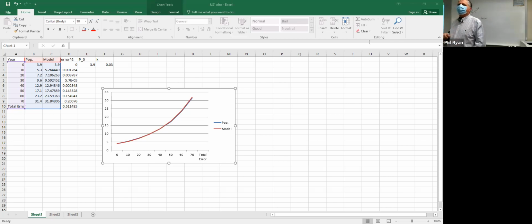Instead, we're just going to do a little bit of what I call hill climbing. Hill climbing actually refers to finding maxima, but it's the same principle for finding minima. You think of yourself in some landscape of parameters.